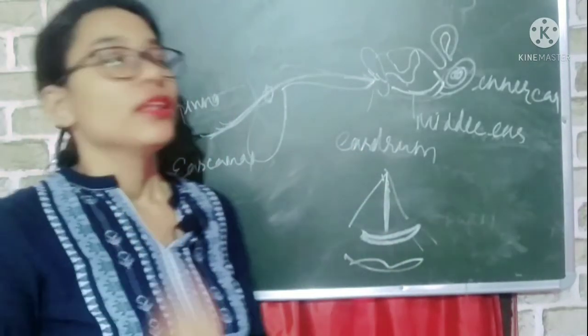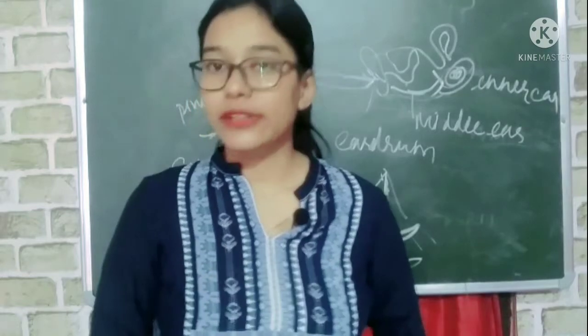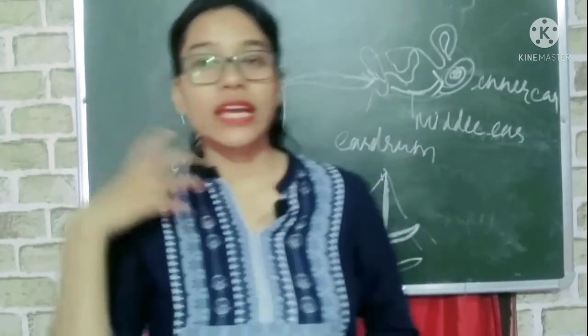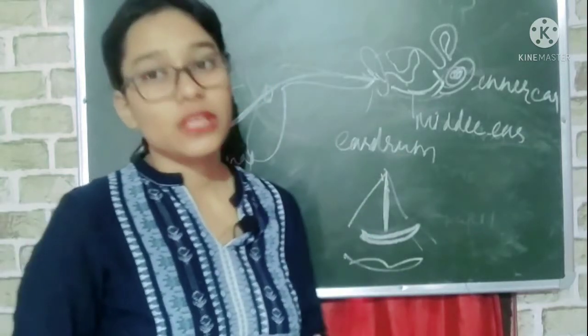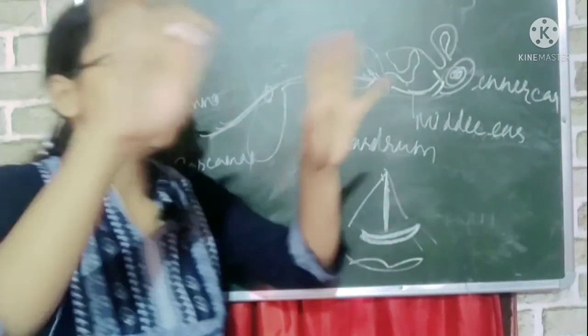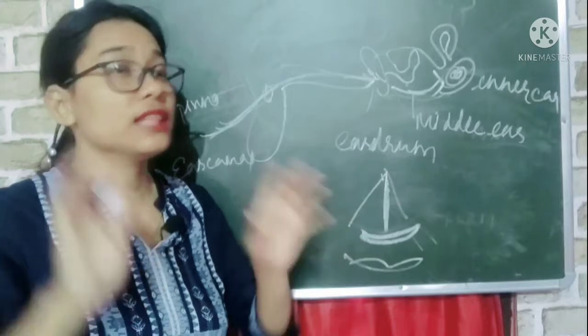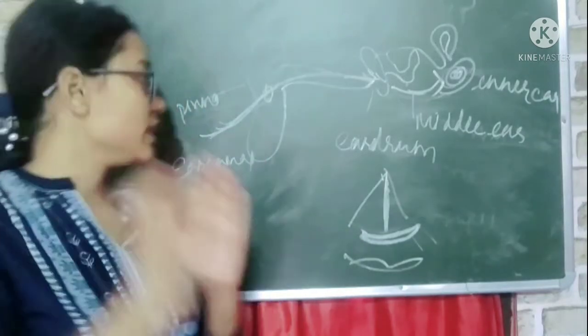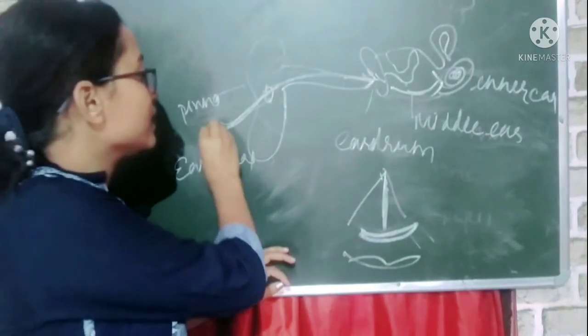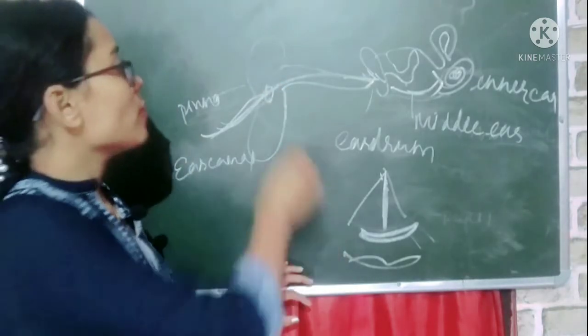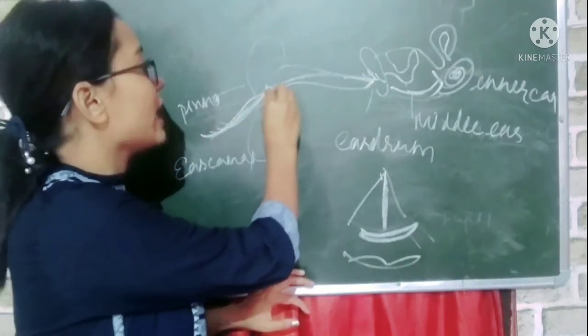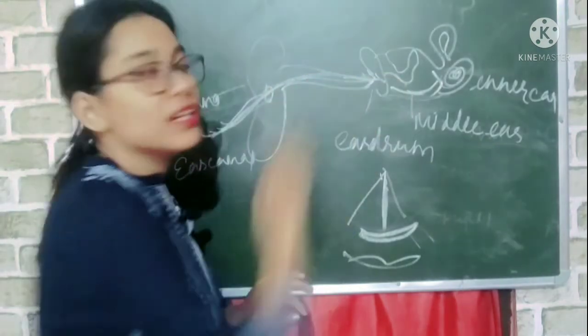Understood? Now let us discuss the ear. With the help of the ear we can hear things, right? Now we will see the structure of the ear. Whatever is happening in our surroundings, the sound reaches our ear, and through the ear canal it passes in the form of vibration to the eardrum.